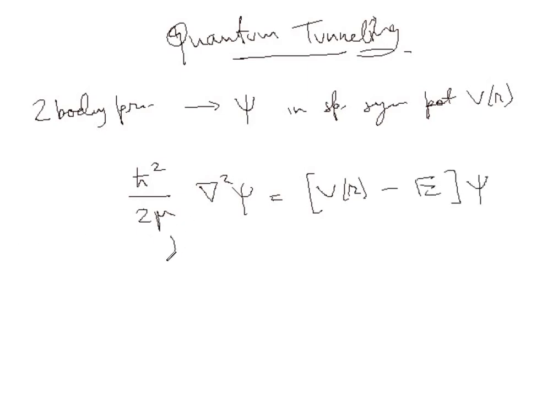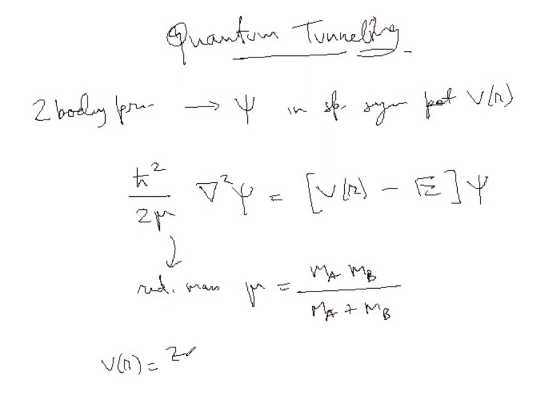Now, what is this? Of course, this is the reduced mass mu, given by Ma Mb divided by Ma plus Mb, where these are the masses of the two nuclei A and B. And we have the potential V(r) equal to Za Zb e square by r. Okay, and this is the kinetic energy.